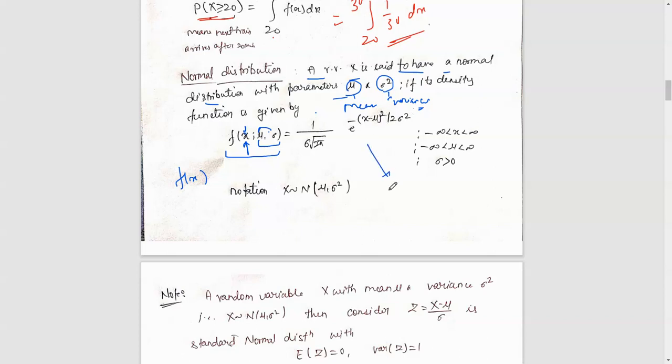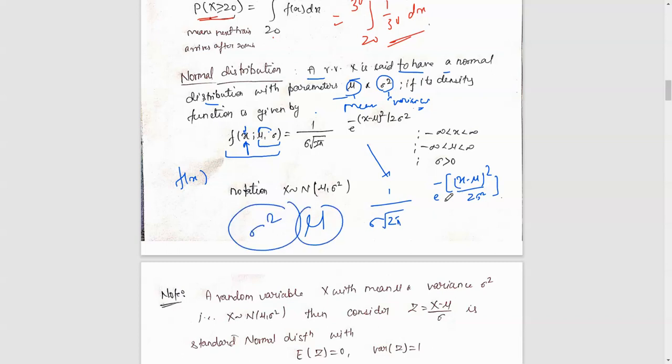This is called the normal distribution with mean mu and variance sigma square.